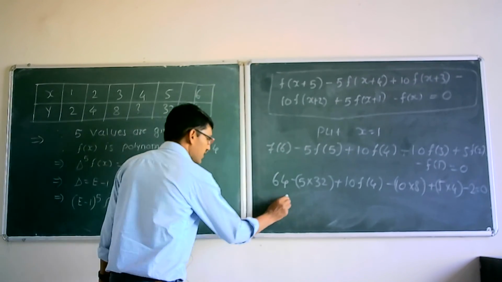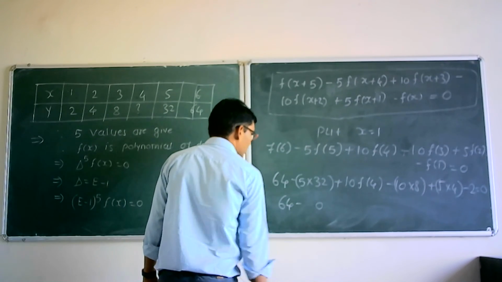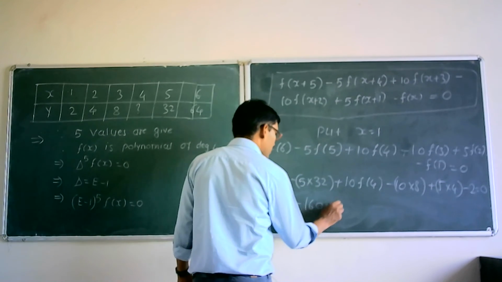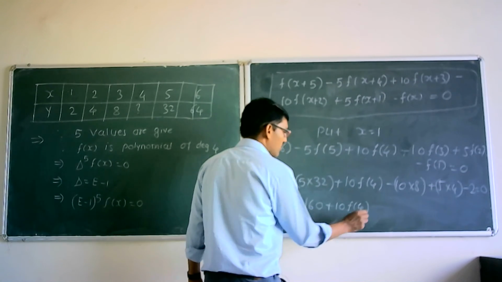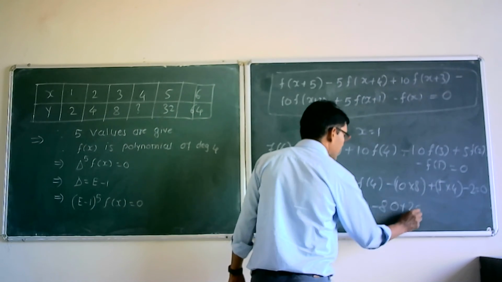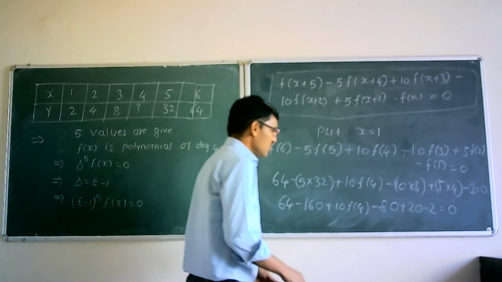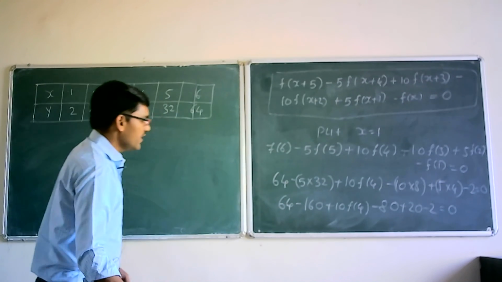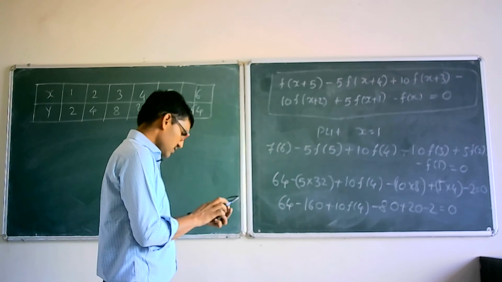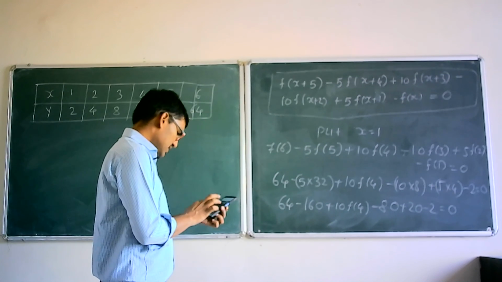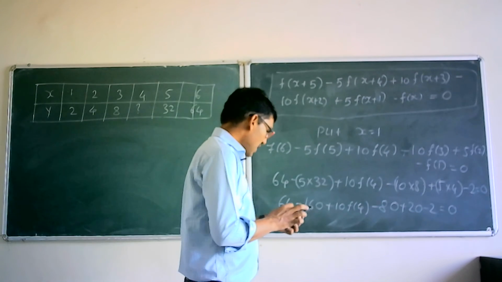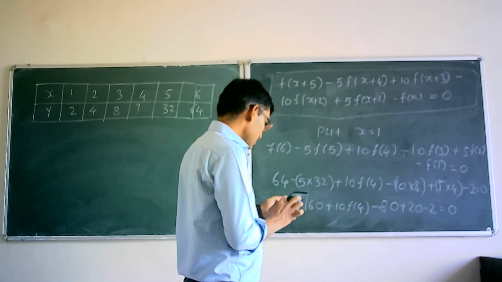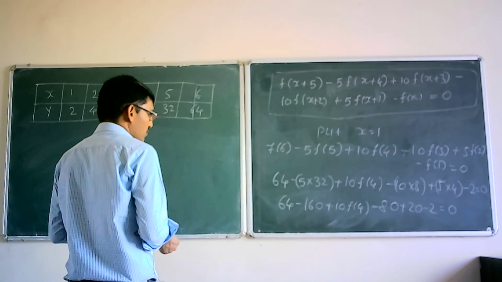If you simplify this, it is 64 minus 160, plus 10 f of 4, minus 80 plus 20 minus 2 is equal to 0. Use your calculator: 64 minus 160, then minus 80, plus 20 minus 2, gives minus 154.